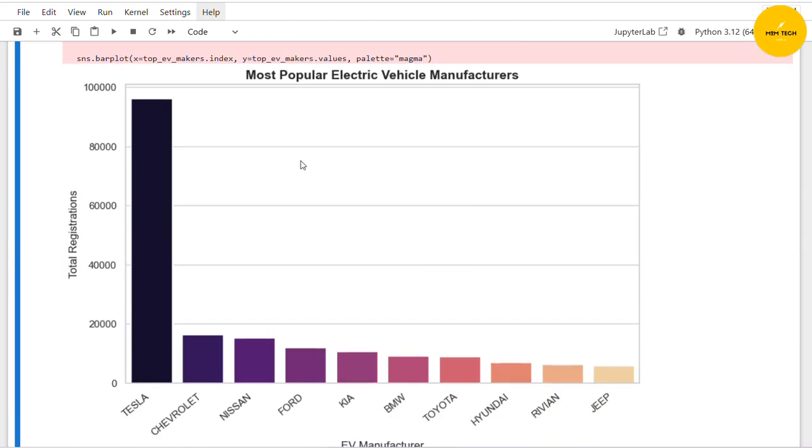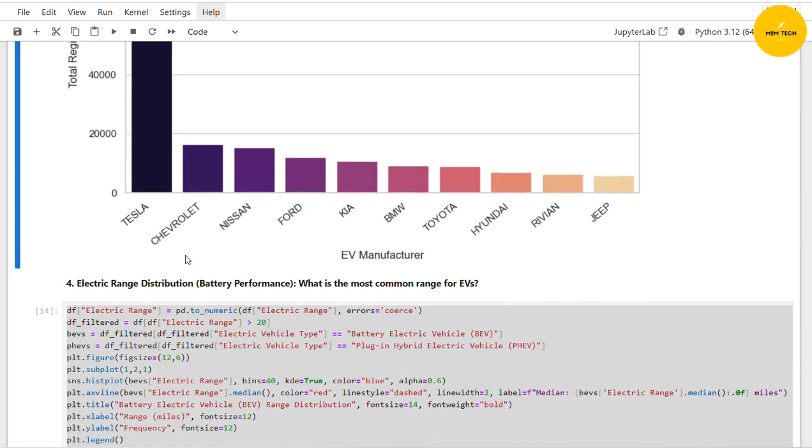By looking at the plot, we can see that Tesla dominates the EV market with the highest number of registrations by a significant margin. Other leading manufacturers include Chevrolet and Nissan, which also have a strong presence in the market. This dominance highlights Tesla's innovation in electric vehicle technology.